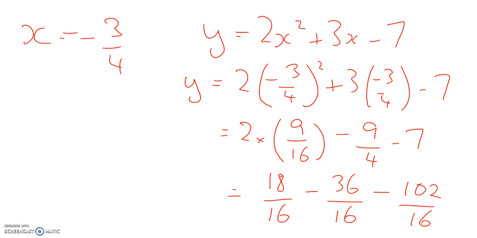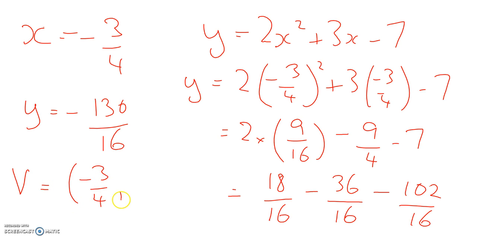And so the y coordinate is 18 minus 36 minus 112, which is actually minus 130 over 16. So our vertex is at the point minus 3 over 4, minus 130 over 16. Okay, so that's how that one works. You can see the maths gets a little bit complicated, but you can put that in your calculator. There's no problem, and you should find out that all those sums work.